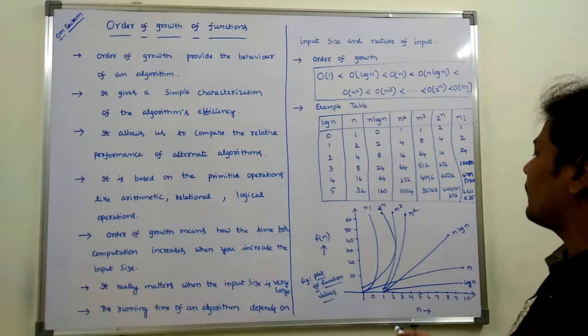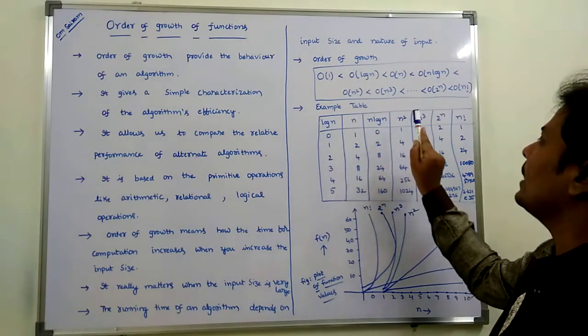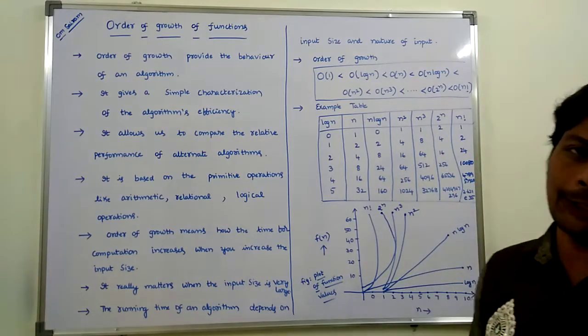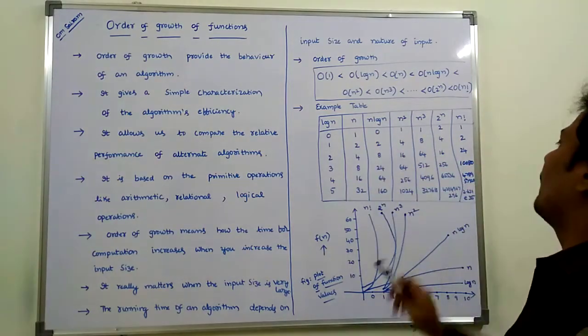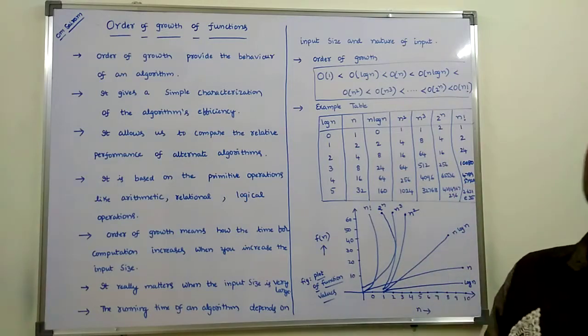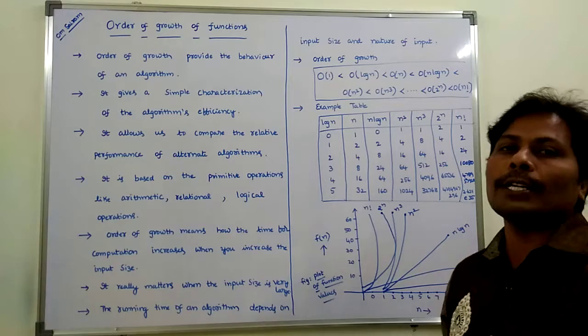Okay. So what functions are there? That is log n, n square, n cube, 2 power n, and n factorial. So these are the available functions. By considering this example table, we can plot the graph between the input size and growth of functions.